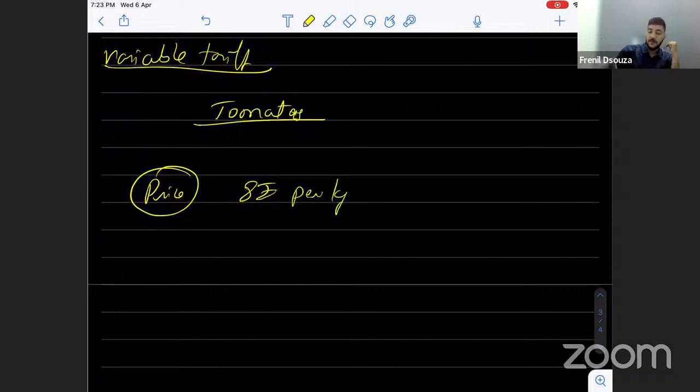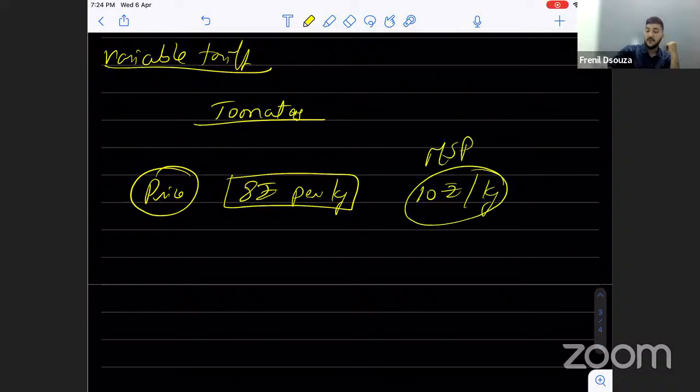Now 8 rupees was too less, so the government came up and said that a minimum you should pay 10 rupees per kg. So they gave something called a minimum support price, or let us say a support price for the tomatoes.